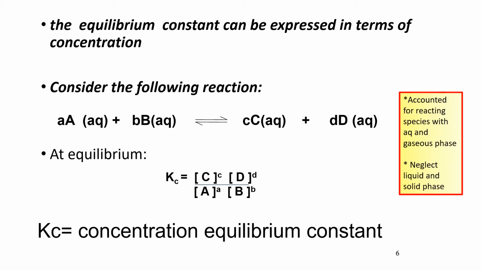To write the equilibrium constant of the chemical equation, you just concern the species that are present in the aqueous and gaseous phase. If any species is present in the form of liquid and solid, you have to ignore them and omit them from the equilibrium expression.